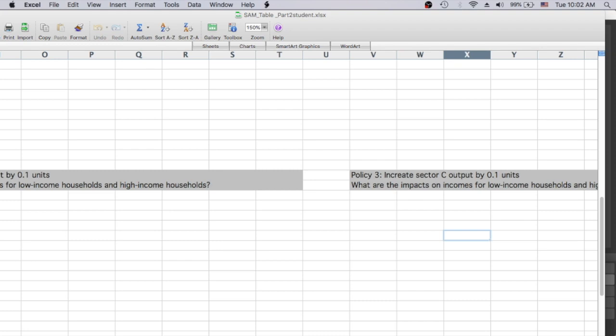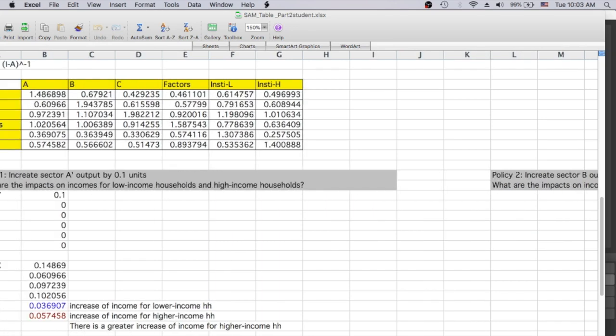So what are the impacts on the lower income households and higher income households? So I would like you to just follow what I did just now by creating a delta Y and identify the increase of income for lower income households and the increased income for higher income households, and which one is greater. Okay, so you can pause the video and work on it.